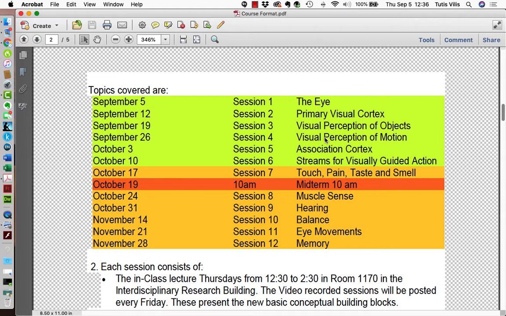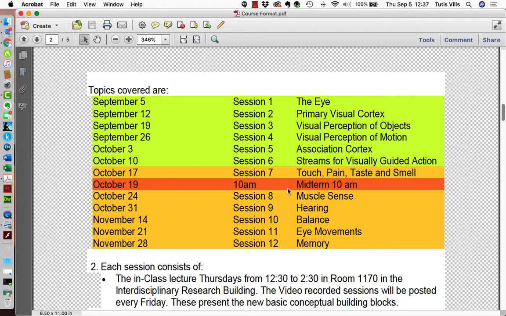We'll also talk about how these areas guide movements. For example, my reaching for this mouse, what area controls it. And so all those subjects outlined in green will have a midterm test on October 19th. That's a Saturday at 10 a.m.